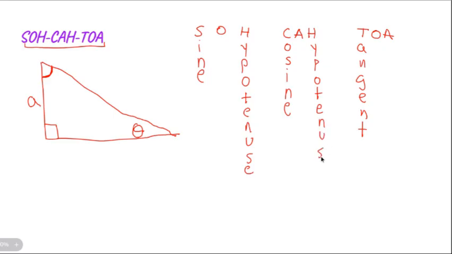Okay. I'm actually going to change this A now to an O. The reason why I'm going to change it to an O is because given the angle I've marked, that side is the opposite of the given angle.